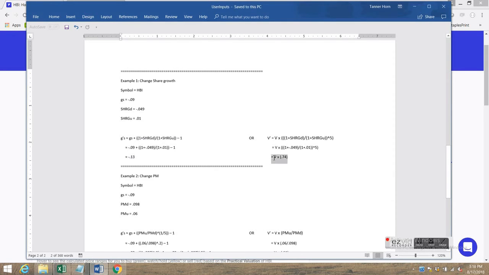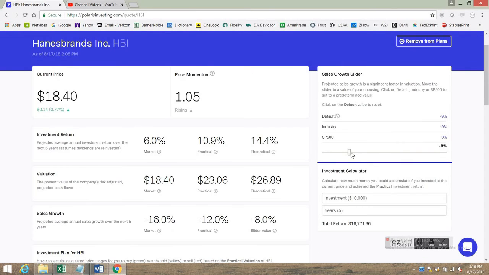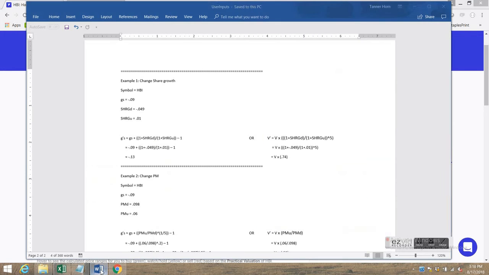An equivalent approach would say the valuation is going to change by about 0.74. So I go back out to the site, and I can either move this to 0.13 or leave it the same and modify the valuation by 0.74, and that's roughly $19. Then I would just move this down until I got to 19, and yeah, it's about the same as what was recommended with the other approach.